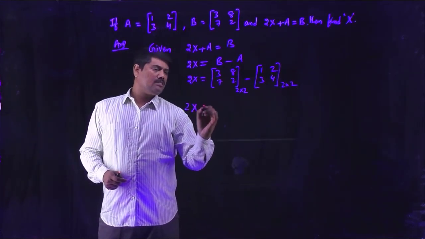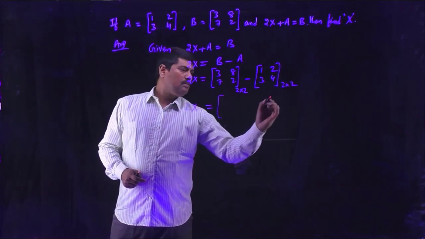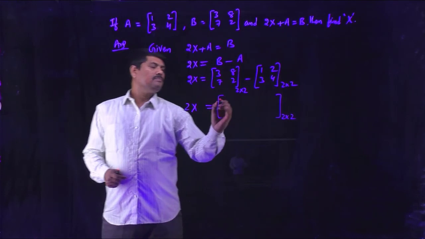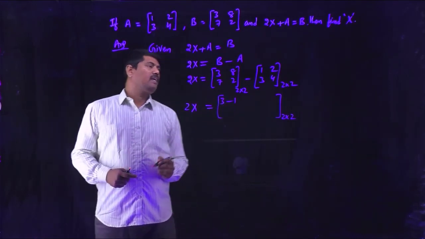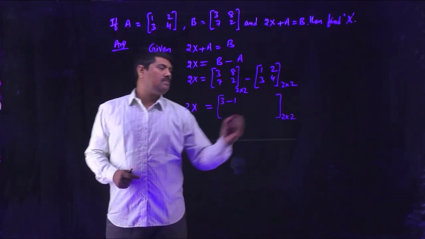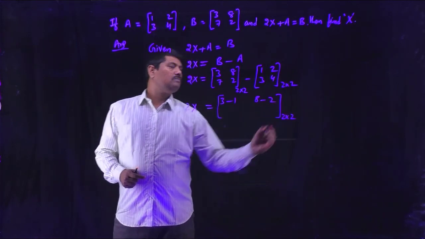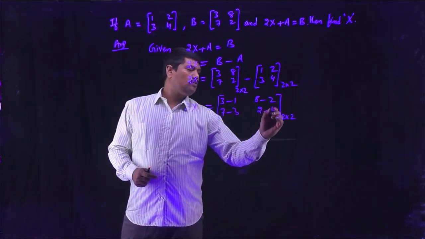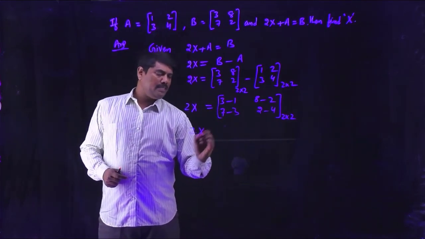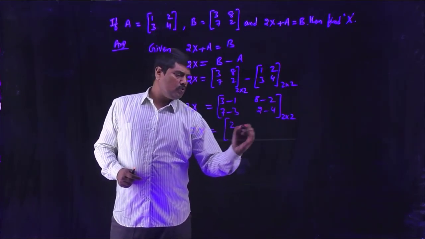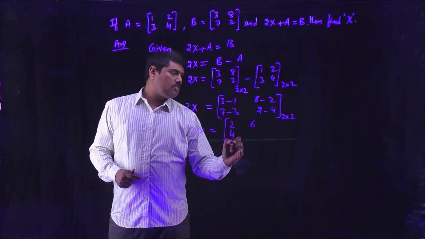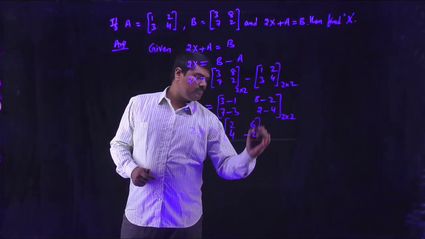Now 2X is equal to the obtained matrix, which is also of 2 by 2 order. 3 minus 1: you have to subtract corresponding elements. 8 minus 2, 7 minus 3, 2 minus 4. So now 2X will be 2, 6, 4, minus 2: 8 minus 2 is 6, 7 minus 3 is 4, 2 minus 4 is minus 2.